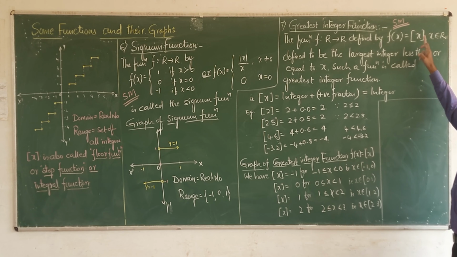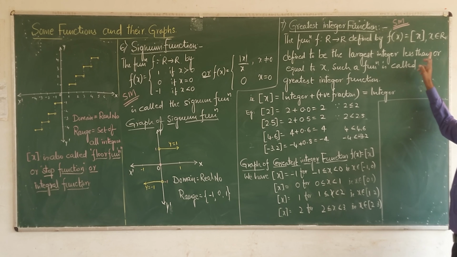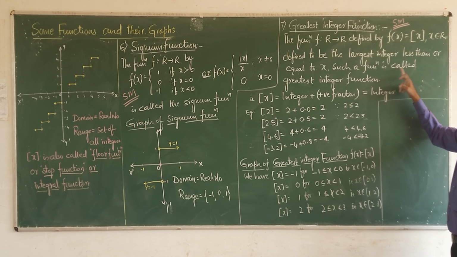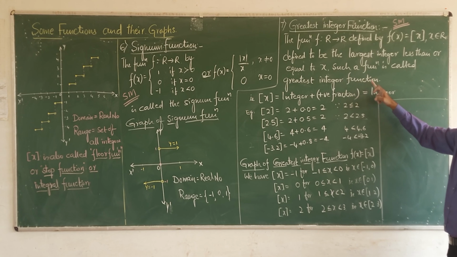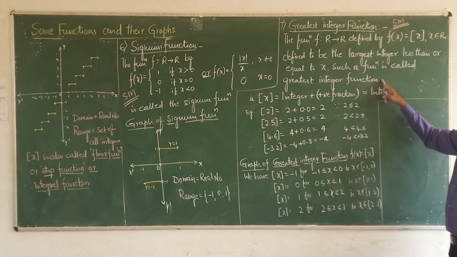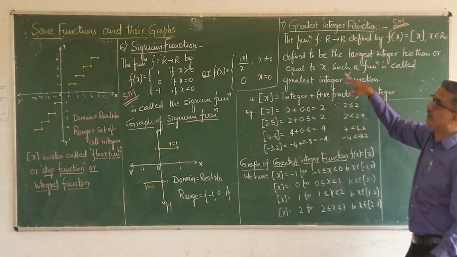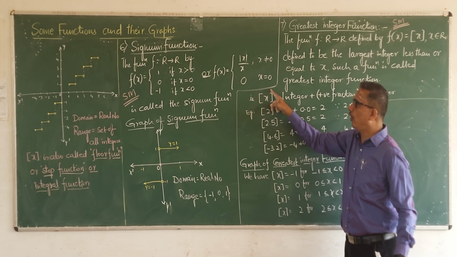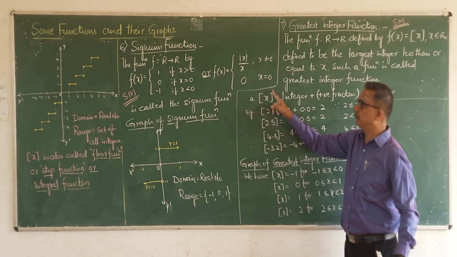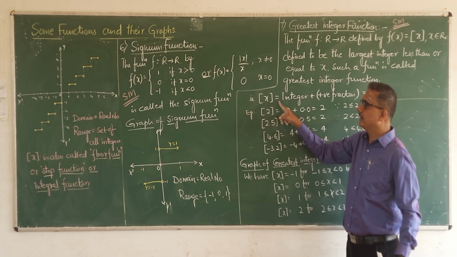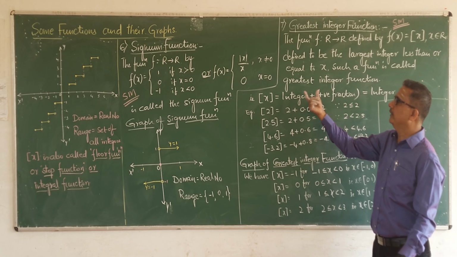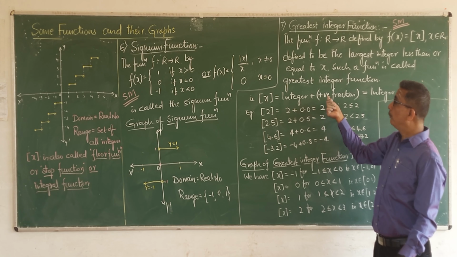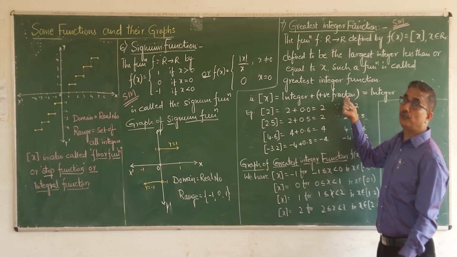The value should be less than or equal to the given value x. Such a function is called the greatest integer function. Another mathematical definition: remember, square bracket x is equal to integer plus positive fraction.